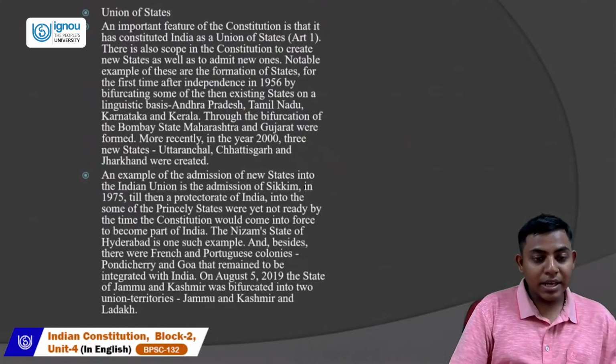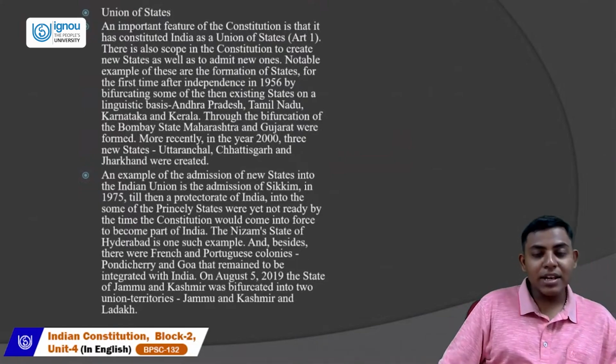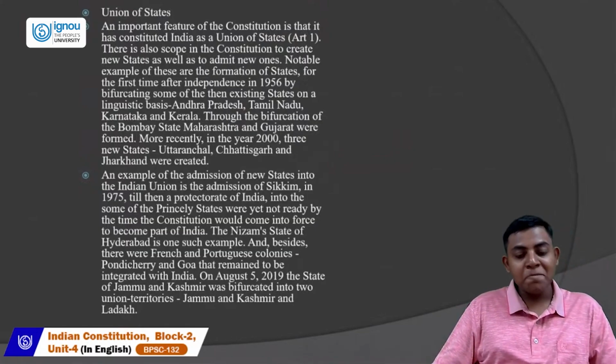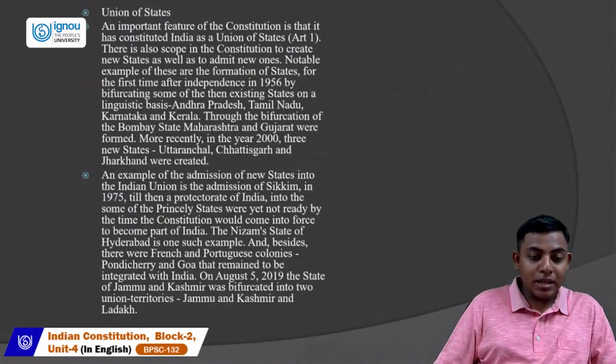So as examples of new states that were admitted to the union, Sikkim is an example, which was admitted in 1975. Before that, it was a protectorate of India. Then the territories of the Hyderabad Nizam were admitted post 1947.